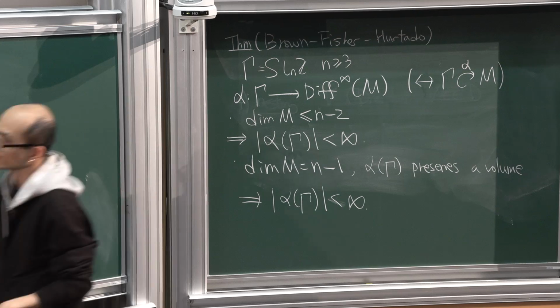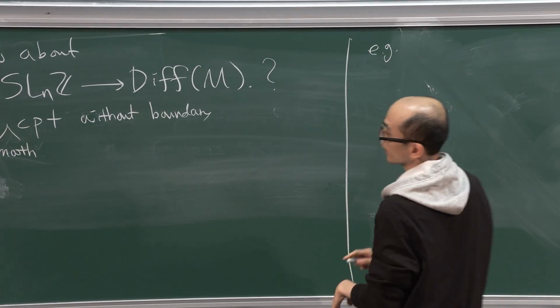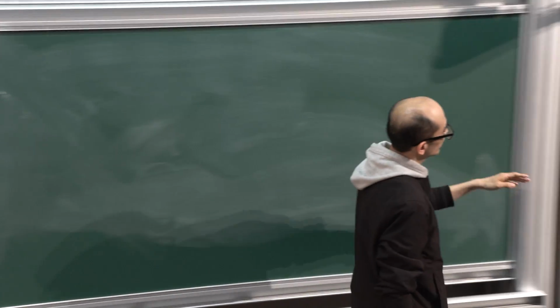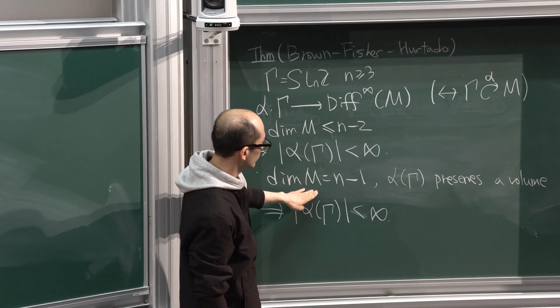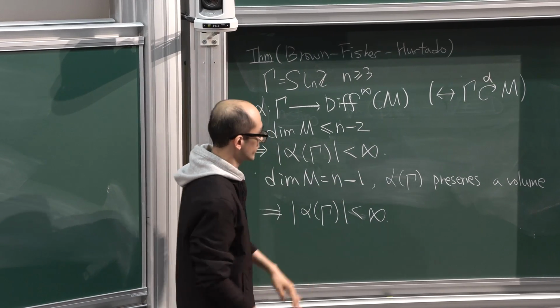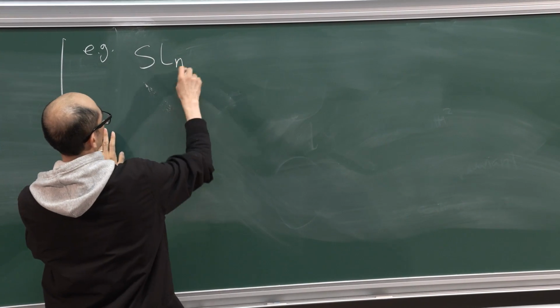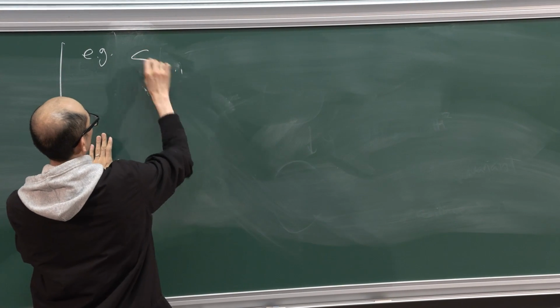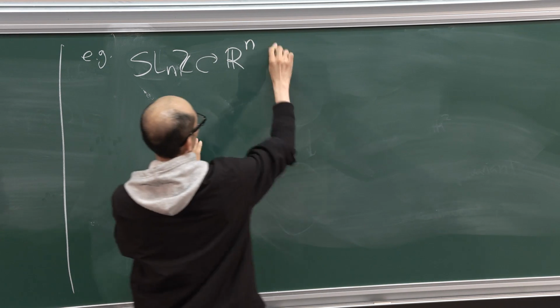But now there is an example where SL_n Z acts on an n minus 1 dimensional manifold non-trivially, without preserving volume. You expect it as follows. SL_n Z acts on R^n by matrix multiplication.